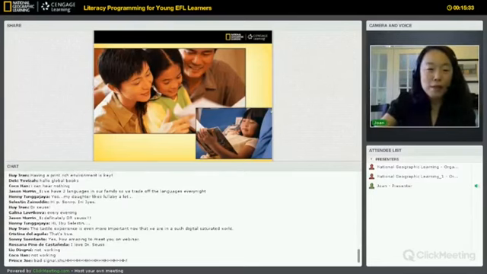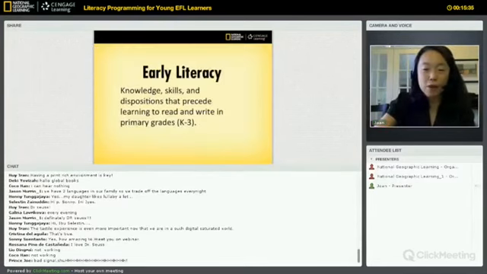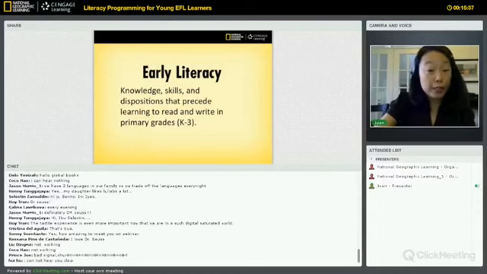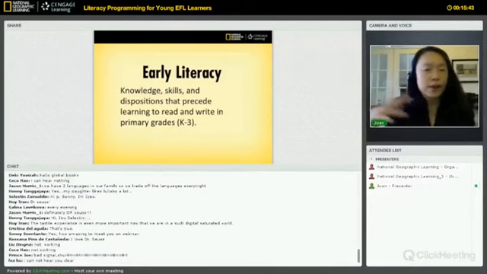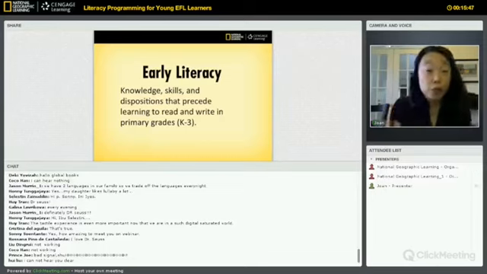Now, we're going to talk about some different aspects of what I'm calling early literacy. And you might have heard other words like emerging literacy, emergent reading, emergent writing, early reading. Okay, there are many different names or ways to describe early literacy.